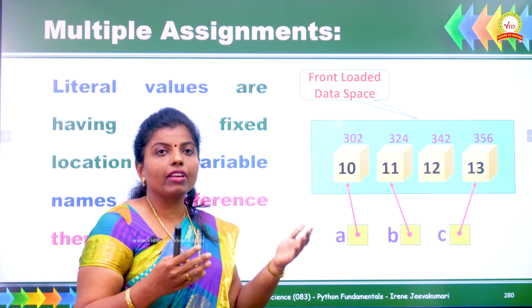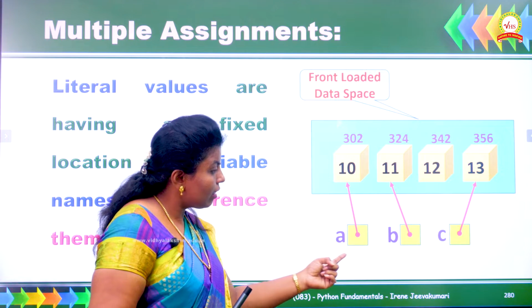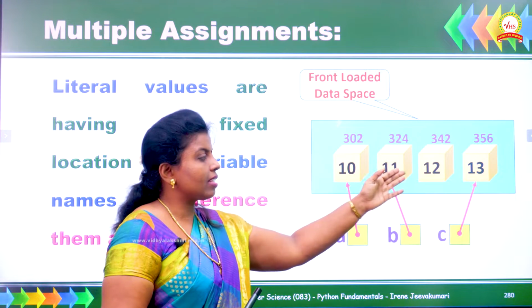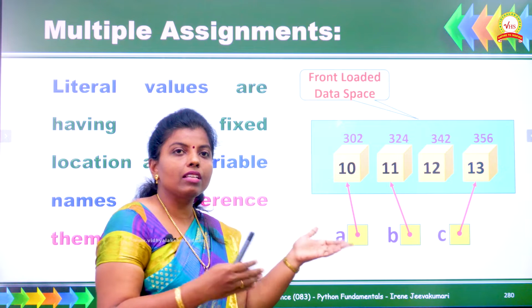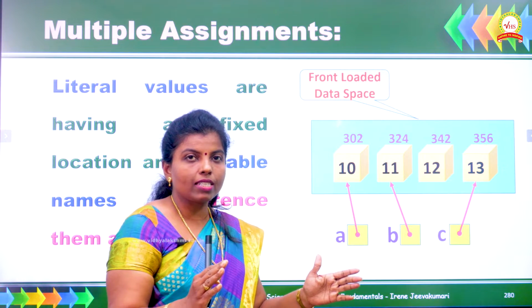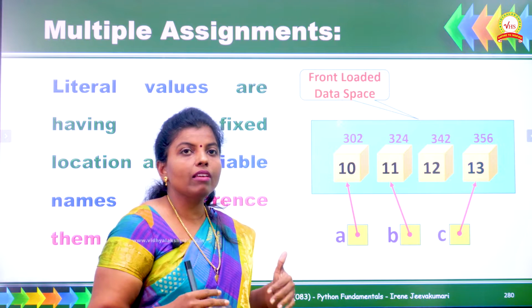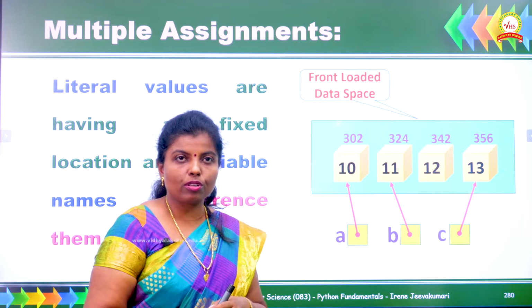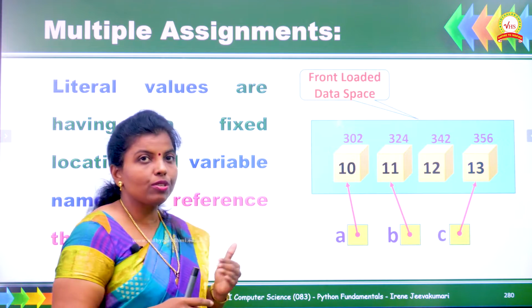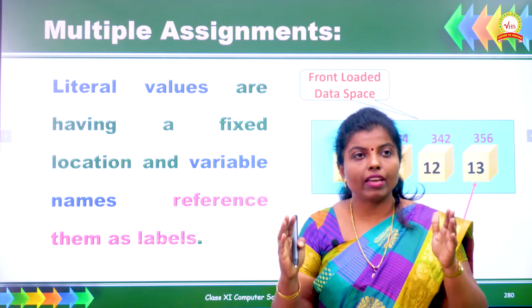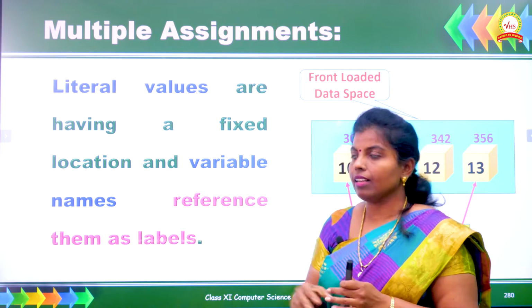Whenever a variable is created, a label is created, and those labels reference the memory address where these values are stored. Our variables only reference those memory locations. So the literal values have a fixed location, and variable names only reference them as a label.